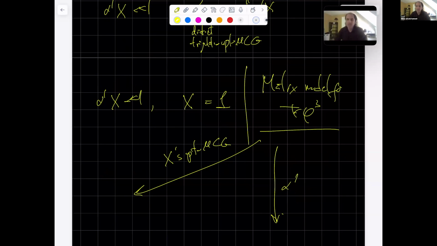So for example, you could keep all the x's equal to 1 and just turn on alpha prime. This is some interesting stringy deformation of the matrix model. I don't know what its physical or mathematical properties are, but amongst other things, already at tree level, it gives a stringy generalization of the notion of Catalan number.